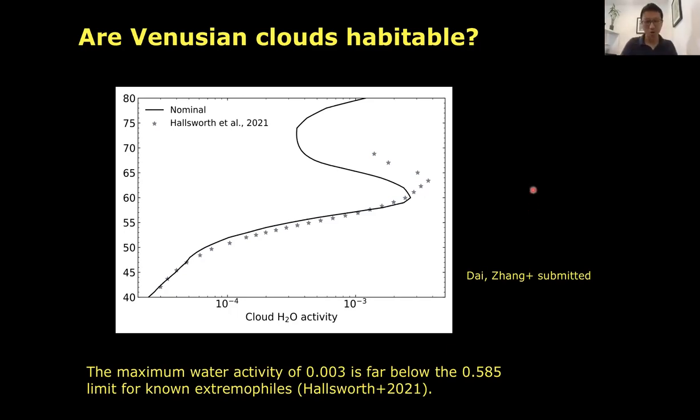Okay, it's far below. So it looks like if the clouds are so acidic, you perhaps won't have a very normal habitable environment for those microbes to survive. But if Paul Riemer is correct, the clouds are actually much less acidic than what we thought. It would be interesting to see if the clouds are more friendly for the microbes. So there are a lot of interesting things we should think about clouds on Venus.